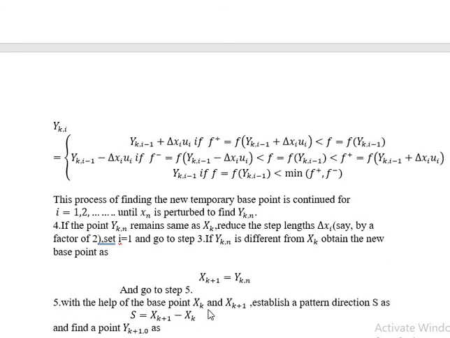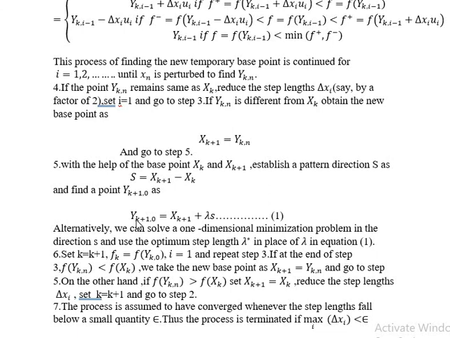With the help of the base point xk and xk plus 1, establish a pattern direction S as S equal to xk plus 1 minus xk and find a point y(k+1,0), that is y(k+1,0) equal to xk plus 1 plus lambda S. Alternatively, we can solve a one-dimensional minimization problem in the direction S and use the optimum step length lambda star in place of lambda in equation 1.